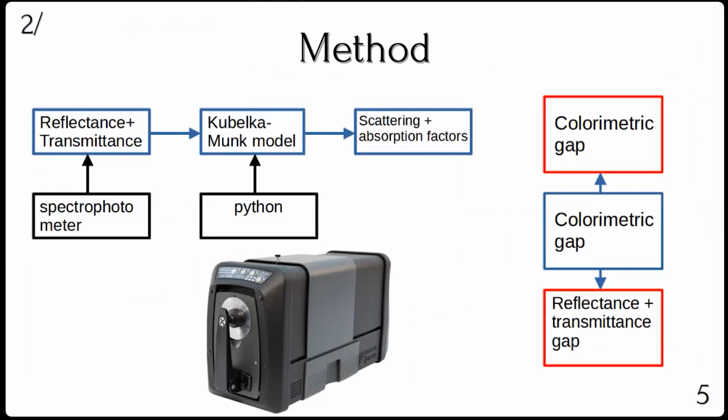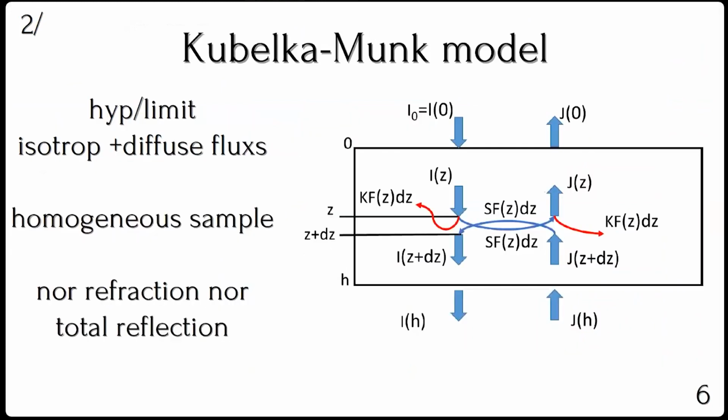Then we used the Kubelka-Munk model that we modelized in Python. With it, we plot the scattering factors and the absorption factors, and we see how they change depending on the card. Also, we plotted the colorimetric gap of the different cards to see how the eyes of a human can see the different perception of the colors.